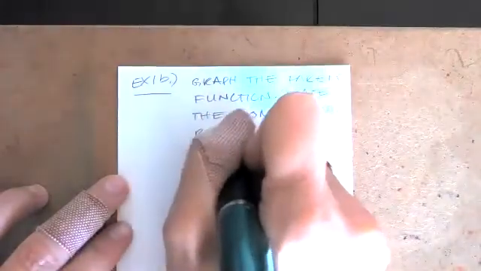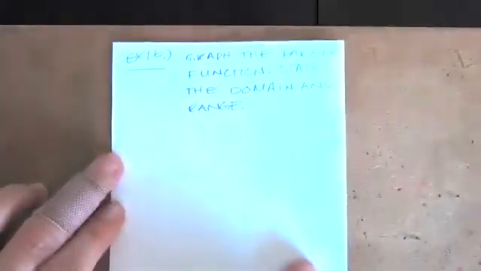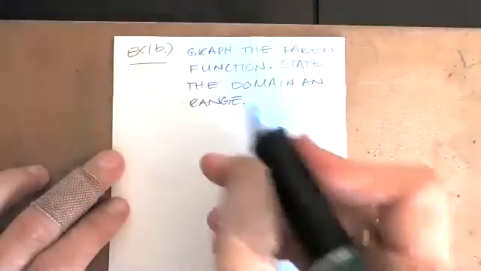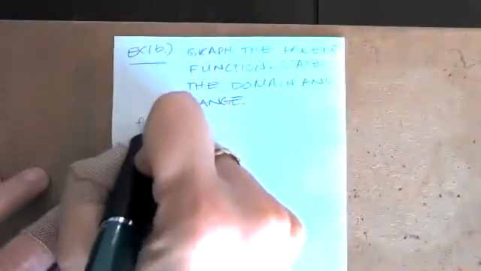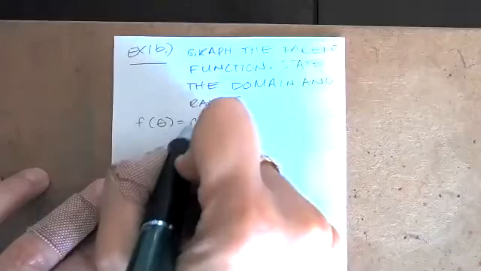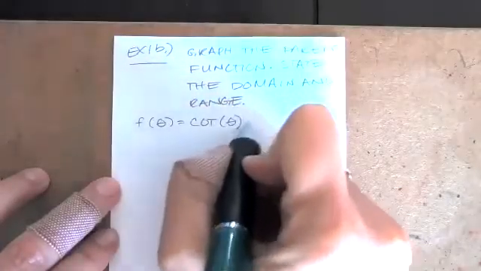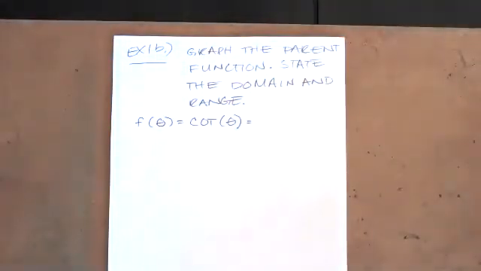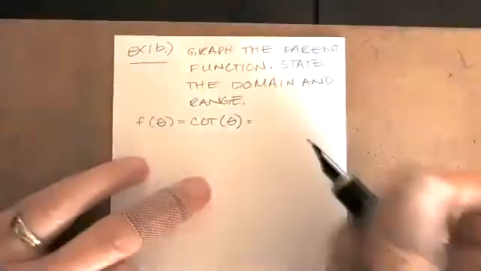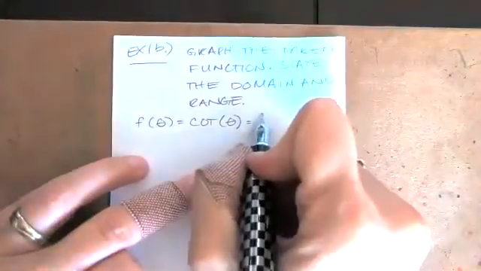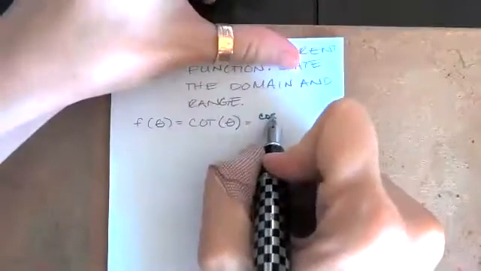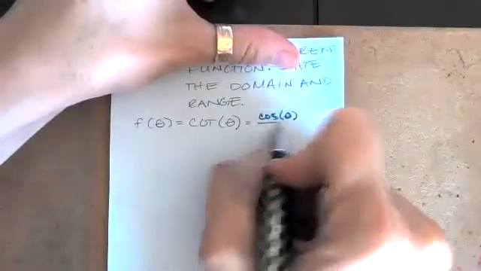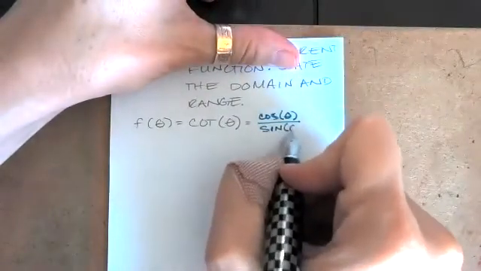So it's the parent function, which means there won't be any transformations for us to describe or talk about. So we've got f of theta equals the cotangent of theta. And I wanted to remind you that cotangent is the cosine of theta over the sine of theta.